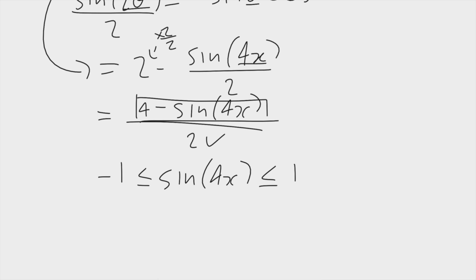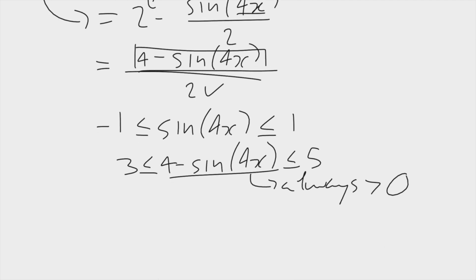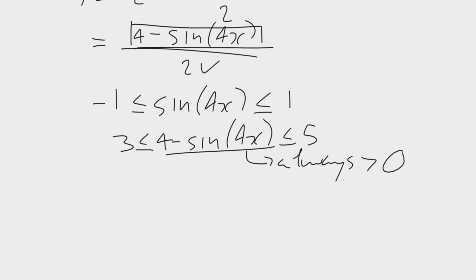So that means 4 minus sine of 4x is between 3 and 5, which means that this is also always greater than 0.